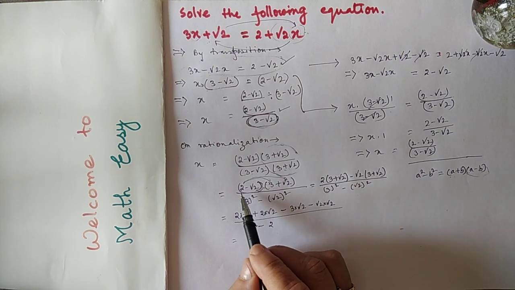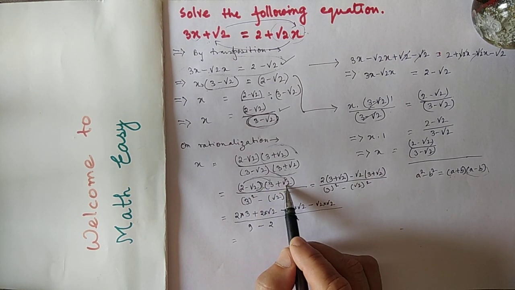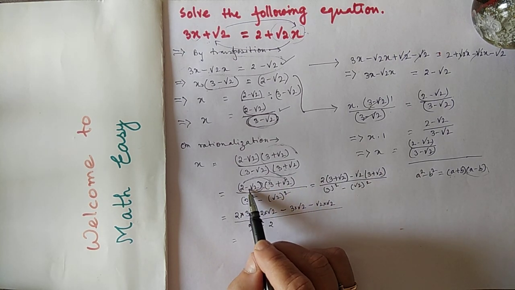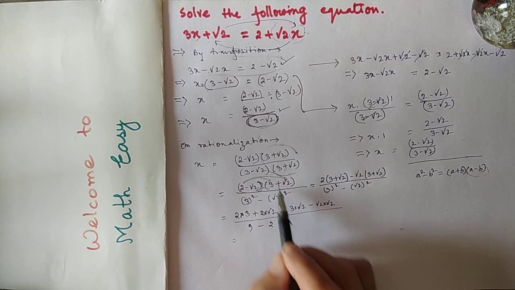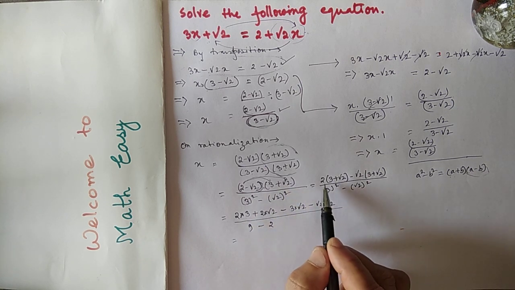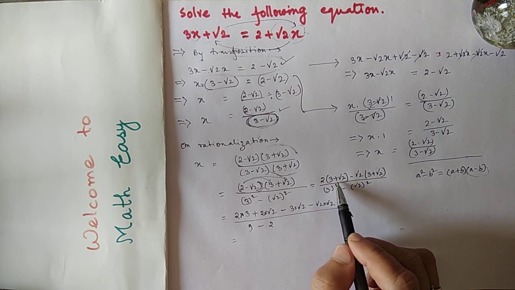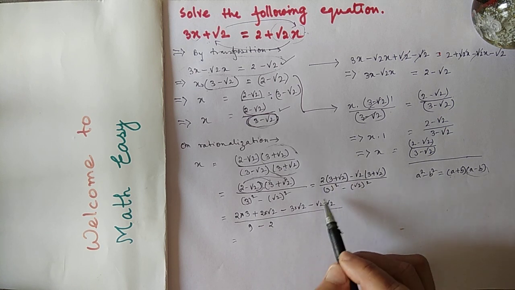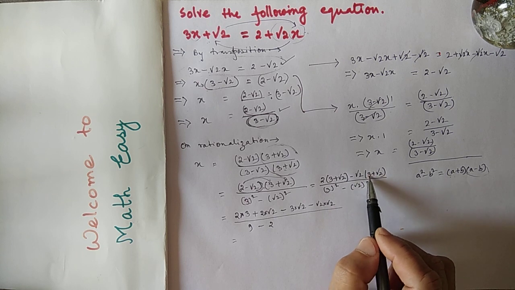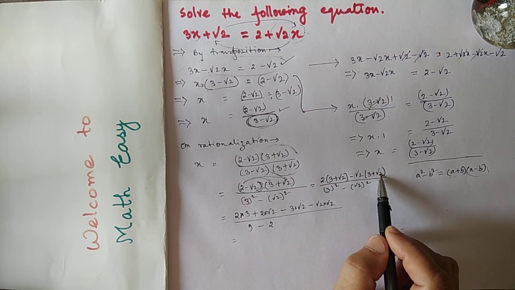So distributive property, 2 will be multiplied by 3 plus root 2, then minus root 2 will be multiplied by 3 plus root 2. Then again distributive property, 2 will be multiplied by 3 and root 2, and minus root 2 will be multiplied by 3 and root 2.